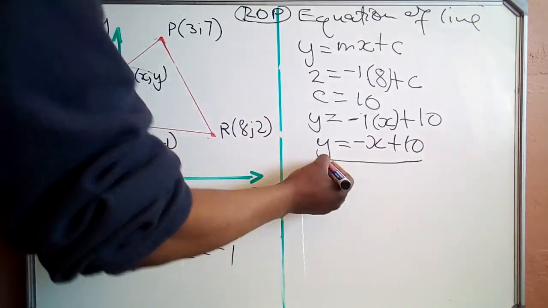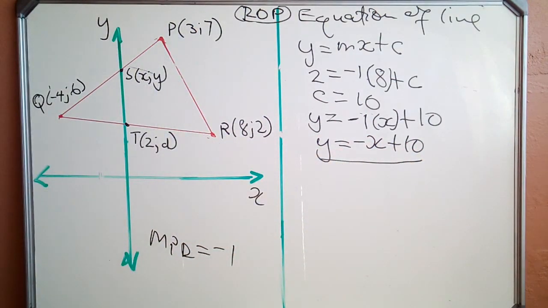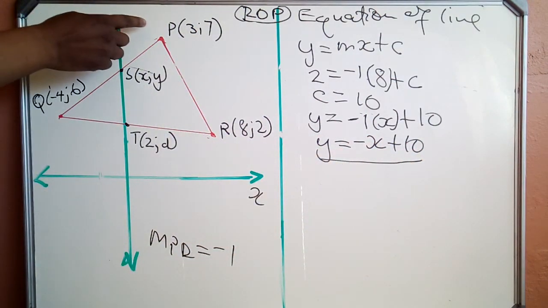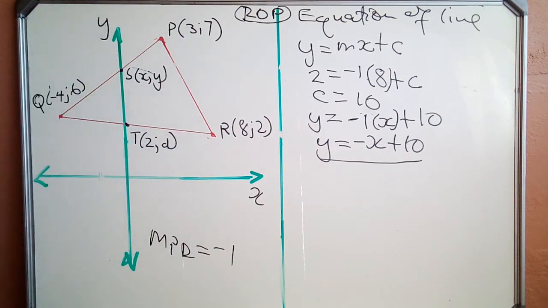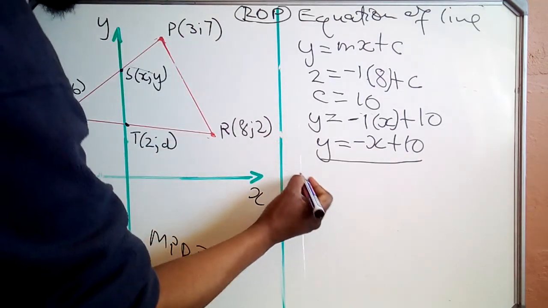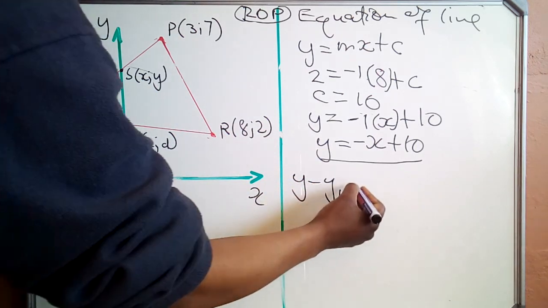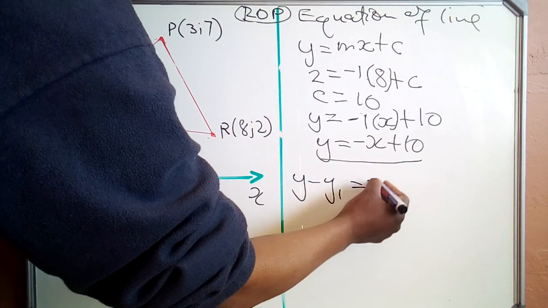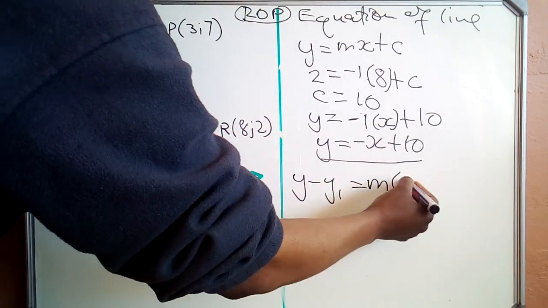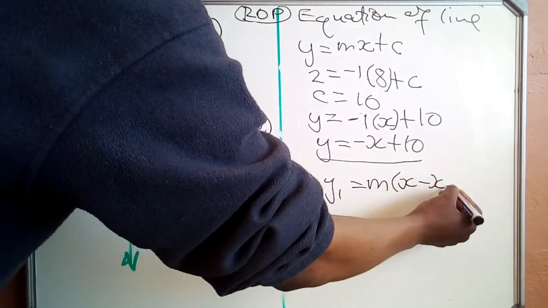So this is the equation of that straight line that passes through P and Q. However, as I said earlier, there are two methods to that. The second method that I want us to use is y minus y1 is equal to m, which is your gradient, open bracket, x minus x1.